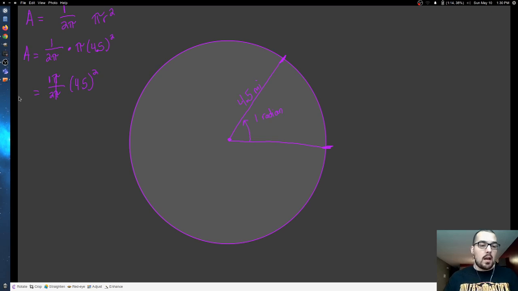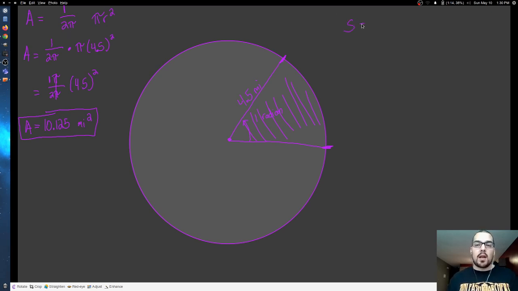I'm getting an area of the sector that's about equal to 10.125 square miles. Again, that's not the area of the full circle, it's just the area of that sector. You're always able to find the area of the full thing and then just take the portion that you have, which is exactly what we do here.